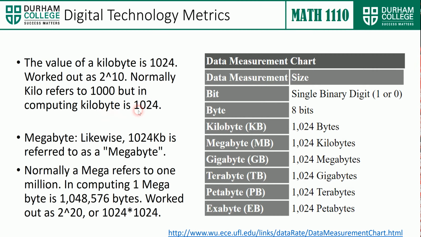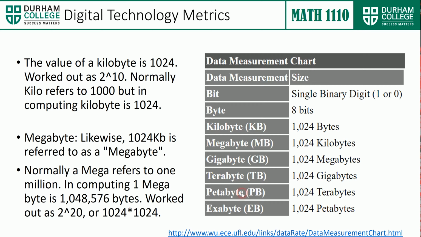It's a good approximation, but to be specific, it would be 1024 in computer terms. So we have 1024 bytes combining to give you a kilobyte. Then when you combine 1024 kilobytes, you get a megabyte. And when you combine the same amount of megabytes, you have a gigabyte.